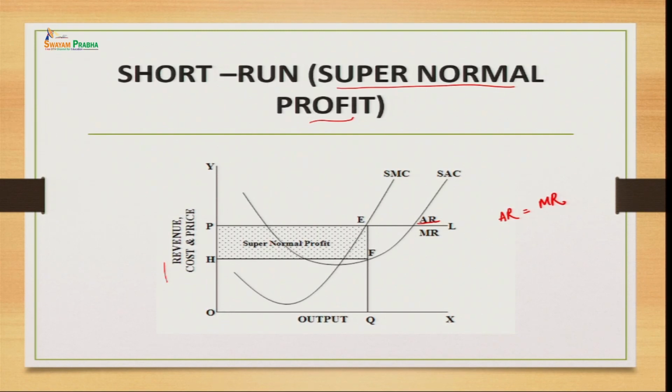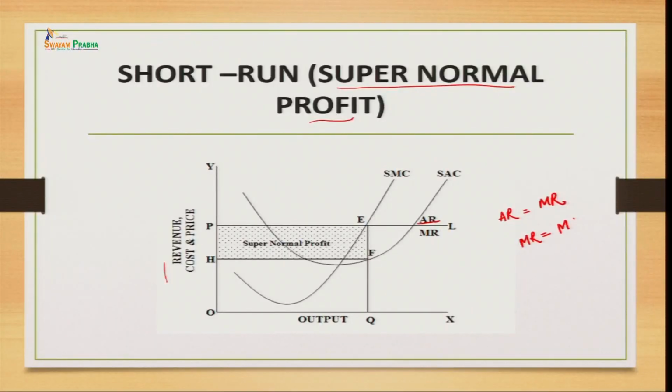And how do we find the equilibrium point? Just now we have studied that the equilibrium point is where the marginal cost curve cuts the marginal revenue curve from below, and where marginal revenue is equal to marginal cost. You can see here we are denoting it with SMC because we are talking about the short run.